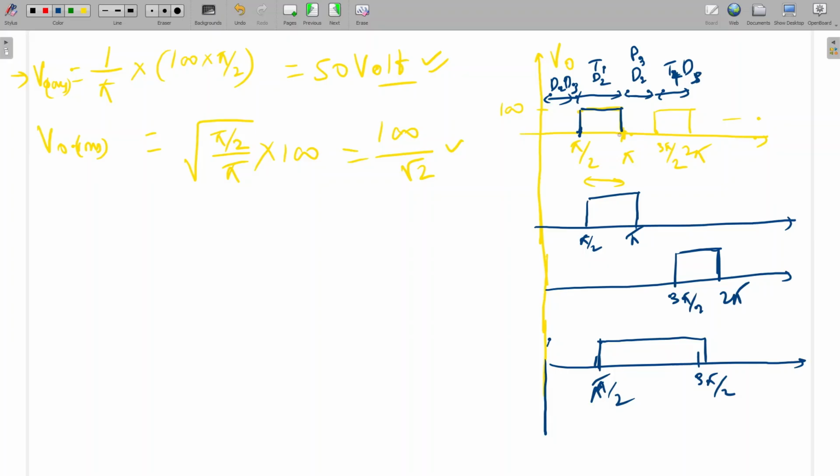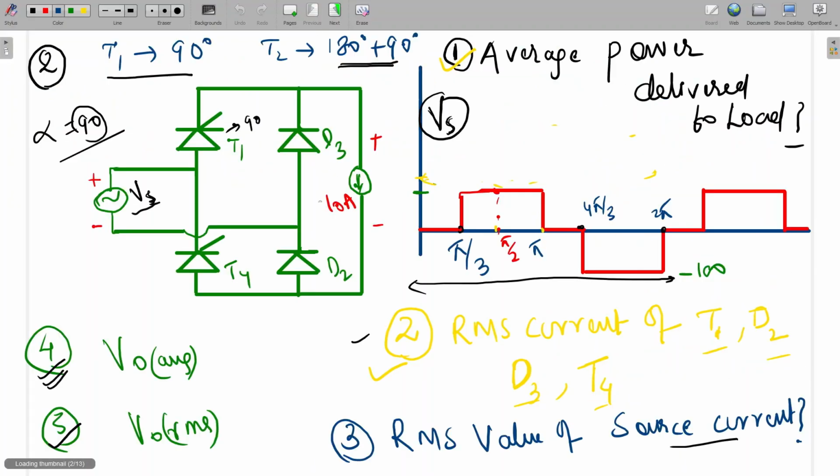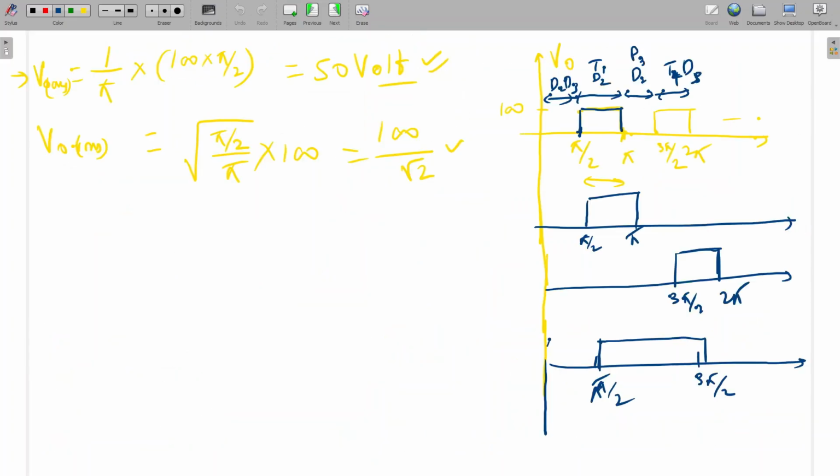T1 will be turned off here, and when T1 is turned off, D2 and D3 will do the freewheeling. So from here to here D2 D3 is conducting. Here to here T1 D2 is conducting, and again here we are firing T4. So T4 D3 will conduct till here. Again here this waveform is not there, so in that case D2 D3 will do the freewheeling.